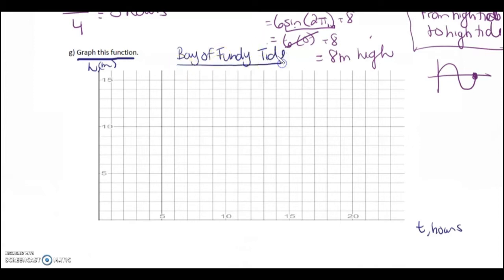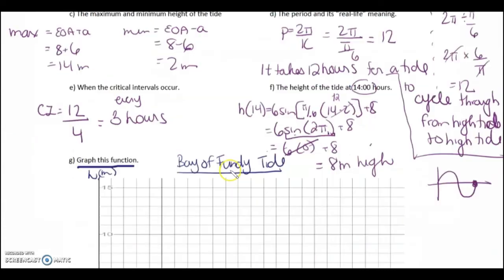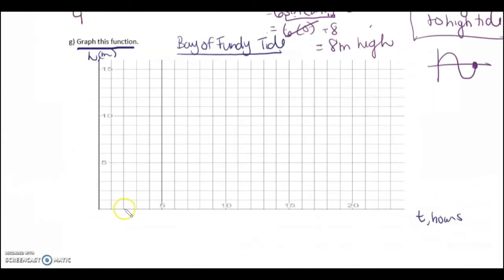Nice label. Okay, so we're going to mark the X and the Y axes. So we have a shift right 2. So this is where we're going to start. And our critical interval is 3 hours.